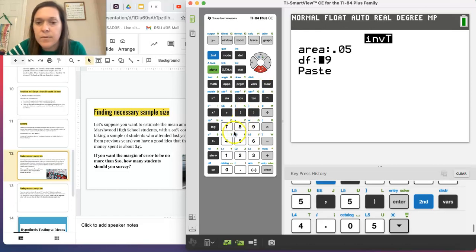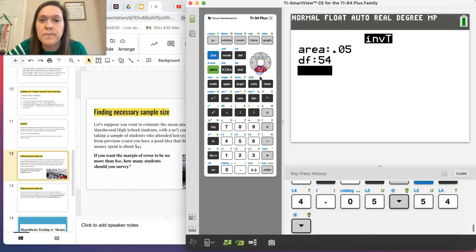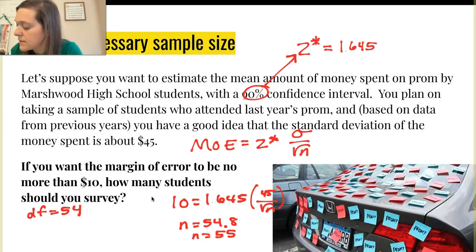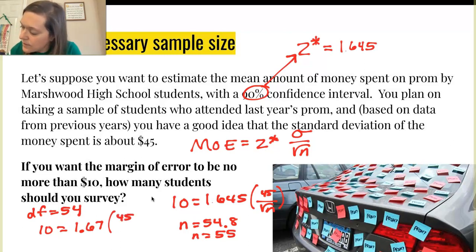Degrees of freedom we said was 54. So my t-crit for that is 1.67. So we can do 10 is equal to 1.67, and I probably should have used some more decimal places there, times my 45 over the square root of n.